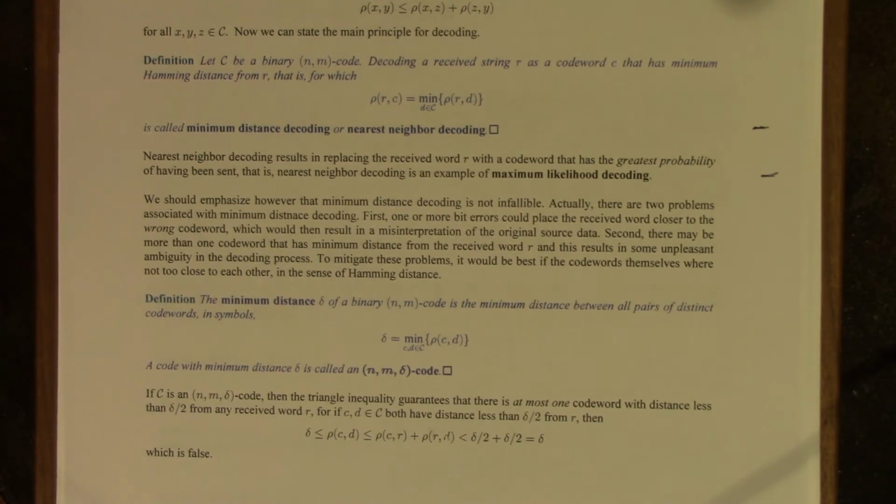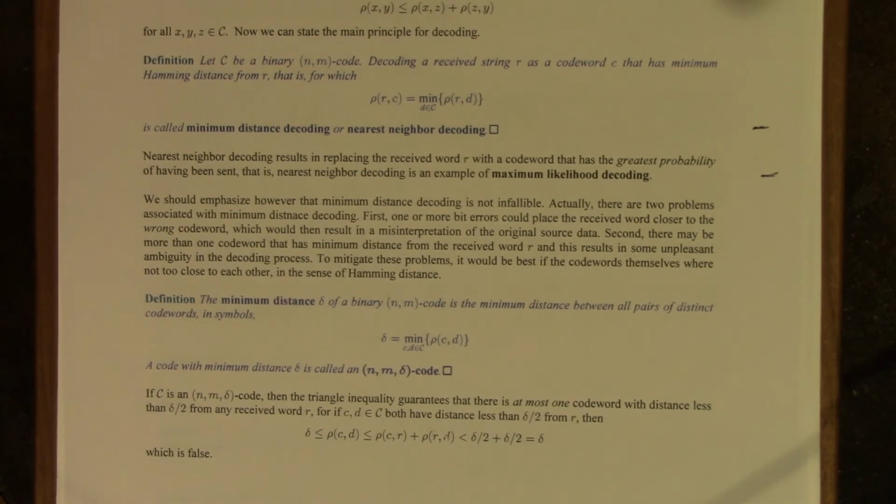Now I should emphasize that minimum distance decoding is not infallible, and there are actually two problems that can occur. First, one or more bit errors could place the received word closer to the wrong code word, the code word that was not sent, and then the received word would be corrected incorrectly.